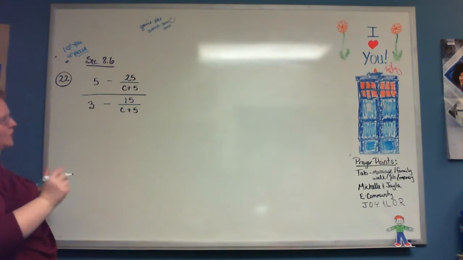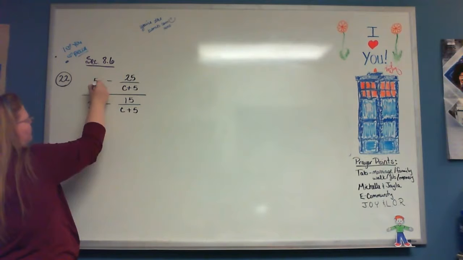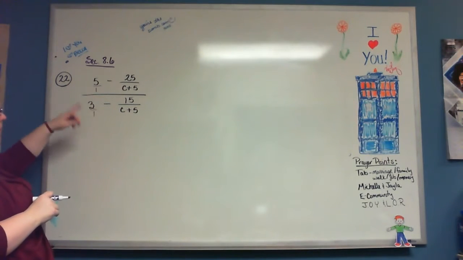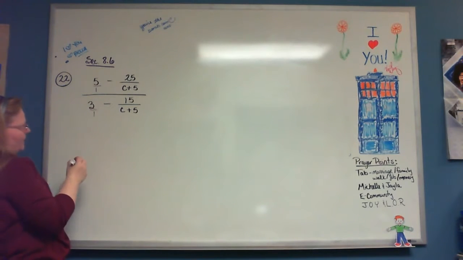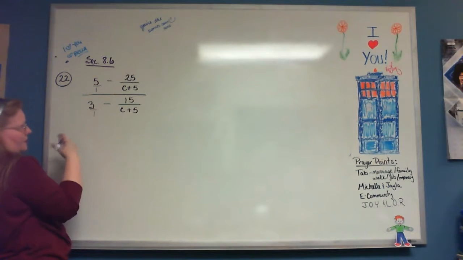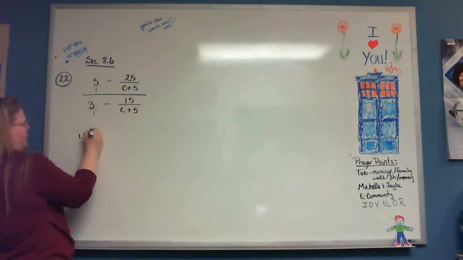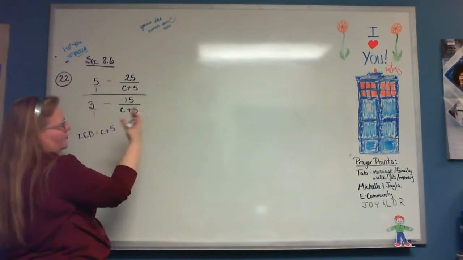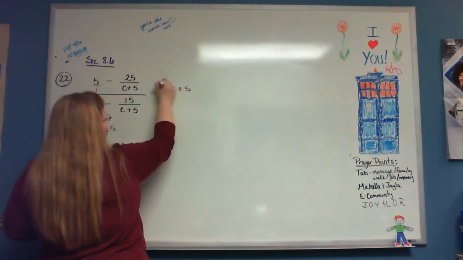I'm guessing you chose the spray. It's just a hunch. First of all, I finish out my fractions so you can see that they're fractions. But the common denominator is the same on top as it is on the bottom, so whether you chose the spray or not, it's going to end up working. You get the LCD is equal to C plus 5 on top and on bottom. Like I said, it's going to work either way. So C plus 5.